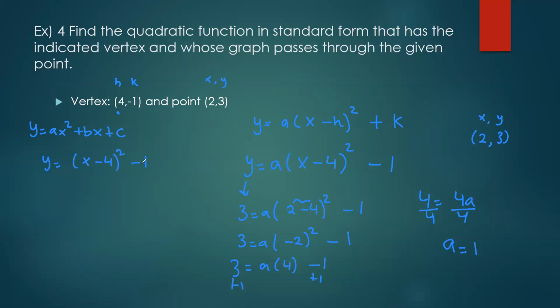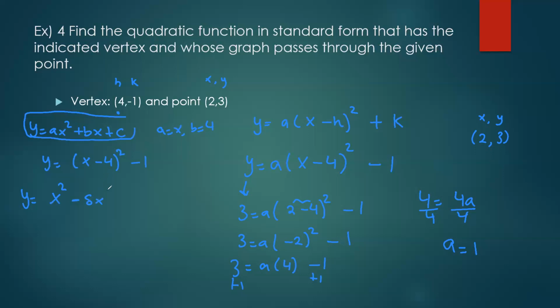Now, this is not our answer. We have to convert it to standard form. So in order to do that, we just have to FOIL this out and then bring down the negative 1. So x minus 4, when you FOIL that out, it's going to be x squared minus 2ab. So if your a is x and your b is 4, that would be negative 8x, right?